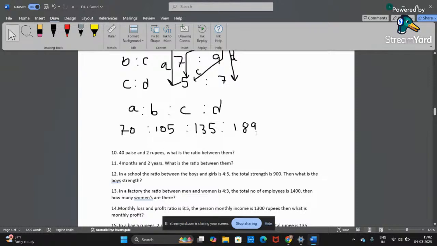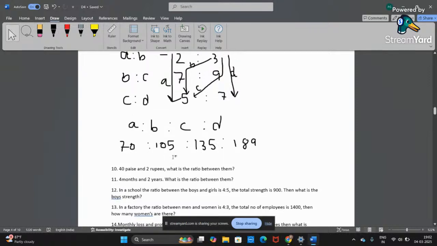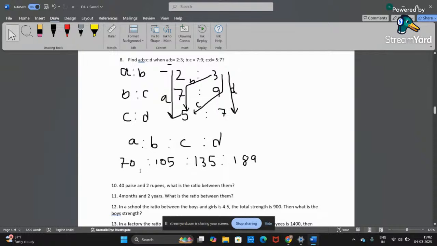Okay. Is it possible to simplify further? No, right? Yes, this will be the answer. If it were possible, then you would have to reduce these values. Now it is not possible, so this will be our answer. Now let's move on to the next one.